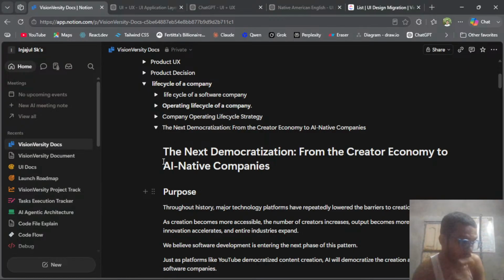So non-technical people can also create software, and as a result we have more creators and more builders, similar to a single creator versus an agency, right? That's why one human can run an entire company. That's the concept behind my analogy. So my platform plays the role of a cycle of software creation. So we have three concepts.